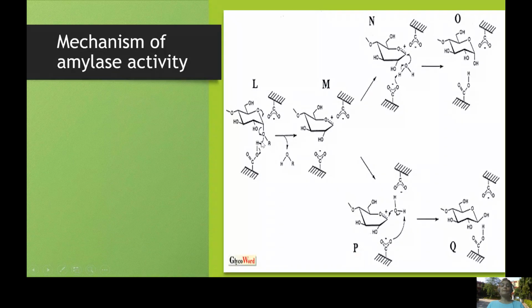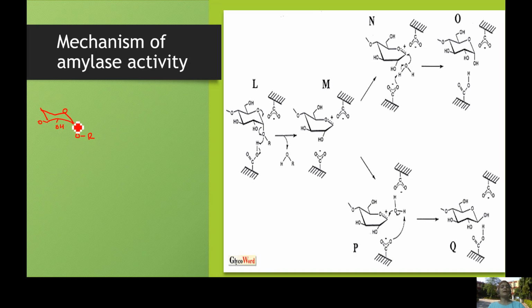Let us look at the mechanism of the enzyme catalyzed reaction. The mechanism is very, very simple. If you recollect, I'm just drawing the partial structure of starch, which is the rest of the glucose units here. I'm not drawing the OH groups here.